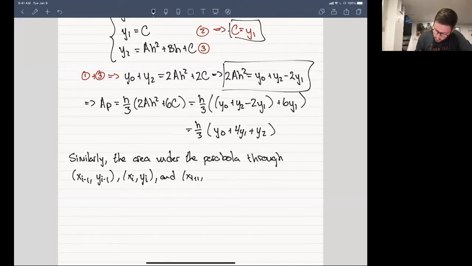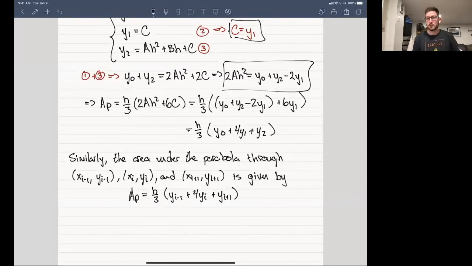Any triplet of points is given by the same formula. So AP is equal to h over 3 times yi minus 1 plus 4yi plus yi plus 1. Every single one of these little parabola approximations that you make is giving you this same value.